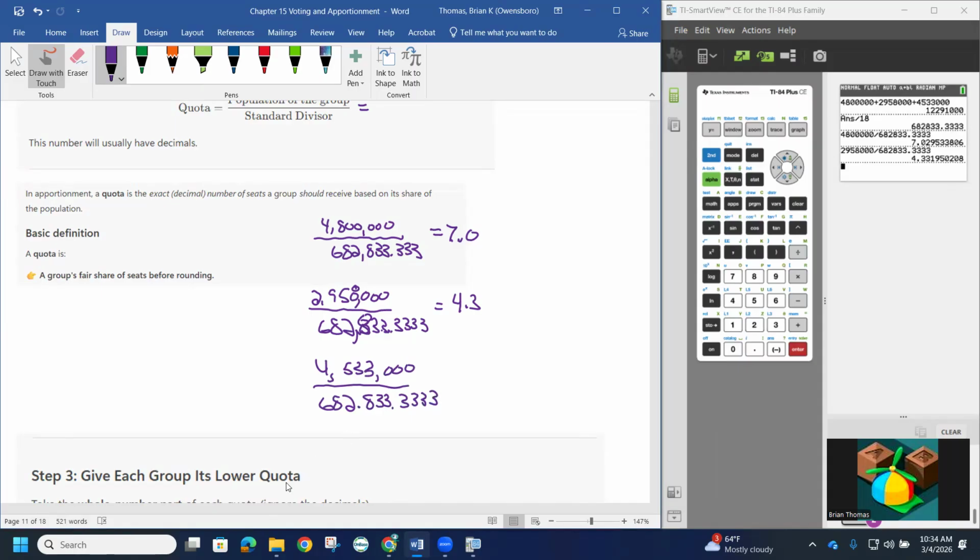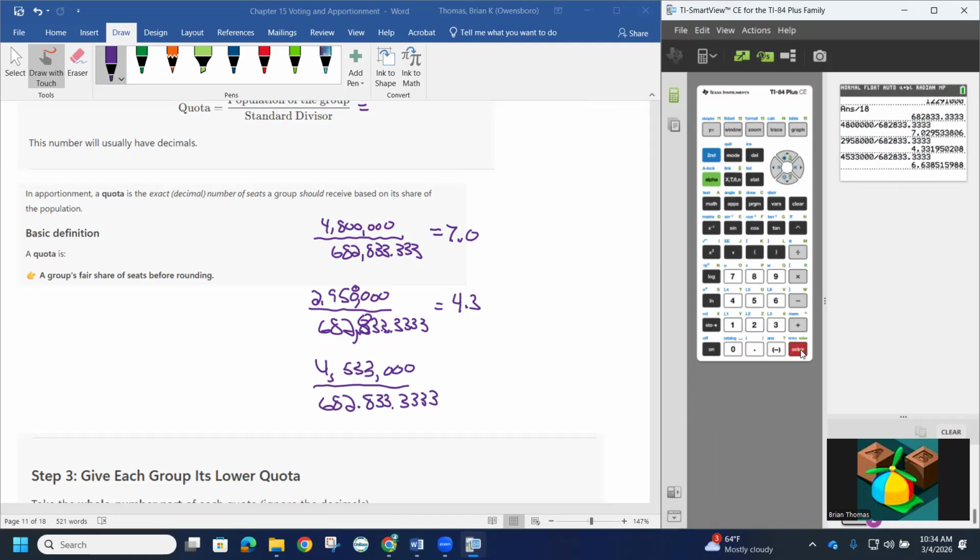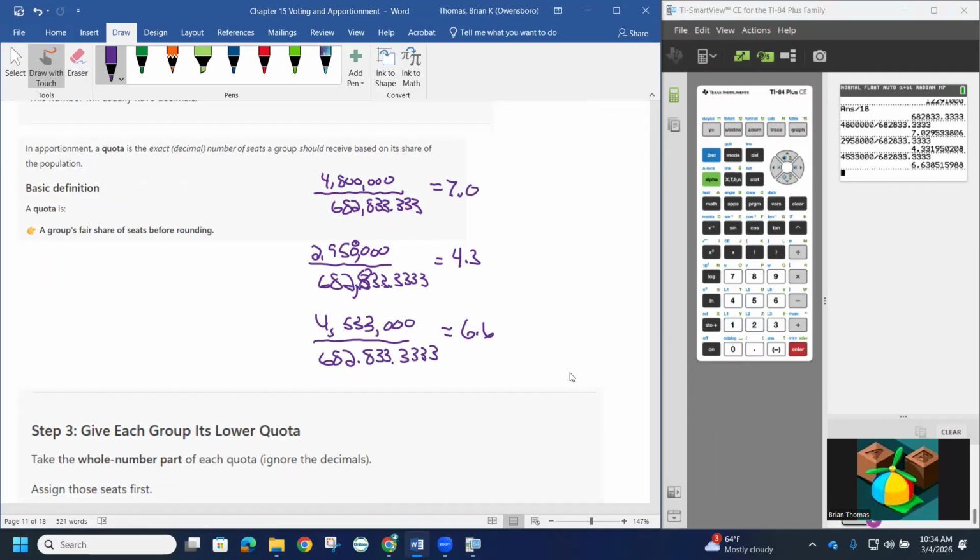So if I type that in as 4,533,000, there we go. If I divide that by our standard divisor, that gives me 6.6. So these are what we call our quotas. So each group's quota.